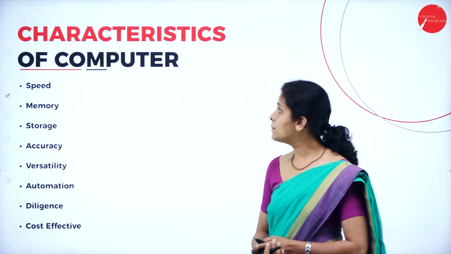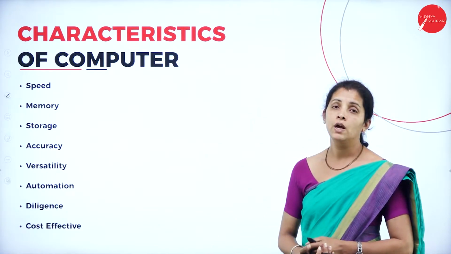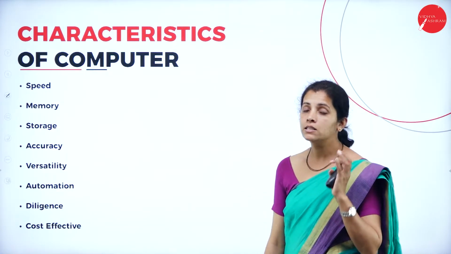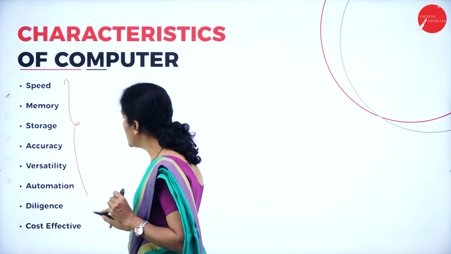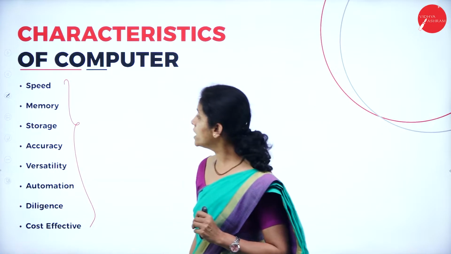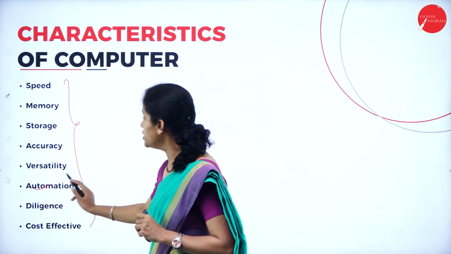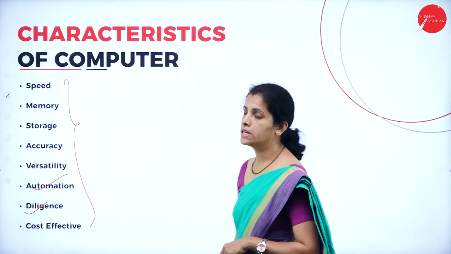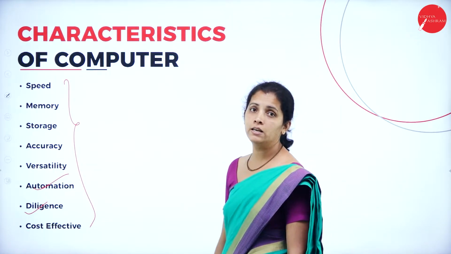Moving further, I'm going to have characteristics of computer. When I consider computer, it must fulfill certain characteristics, that is speed of execution, memory, storage, accuracy, versatile, automation, diligence, cost effective, etc. So, dear student, what is speed here?